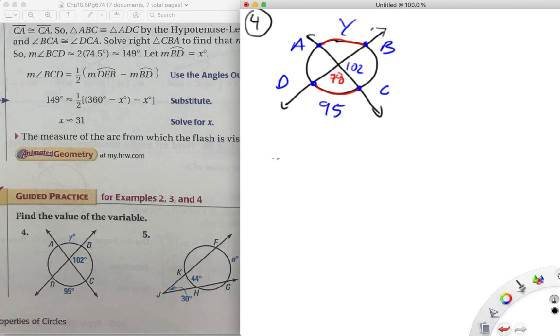Using theorem 10, I believe, 78 is equal to half of the measure of DC and AD.